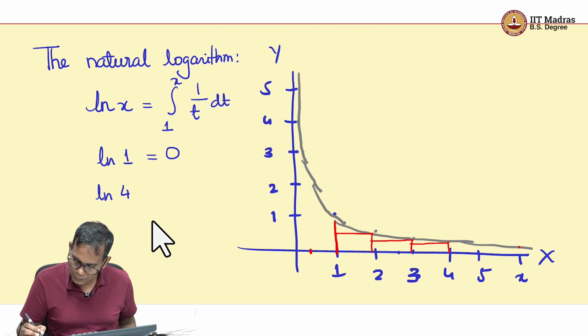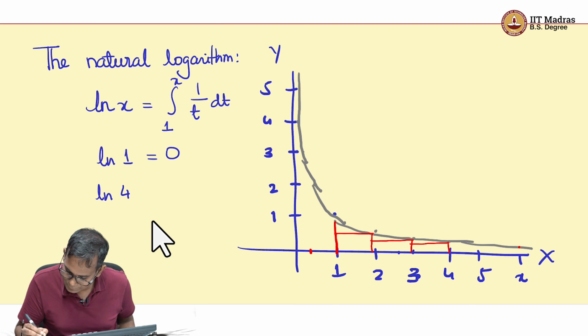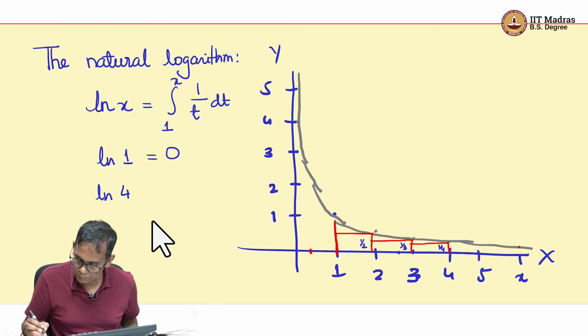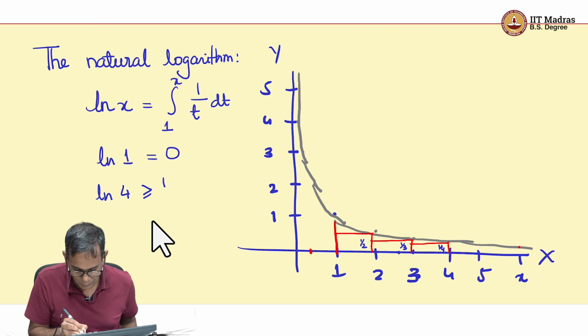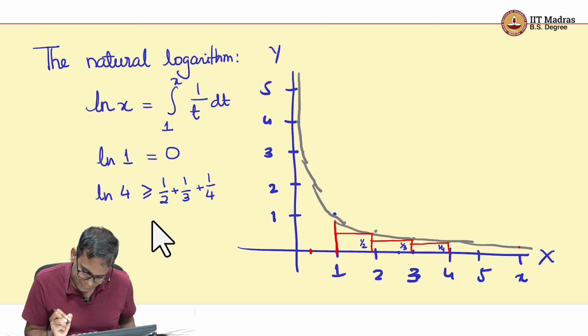The height of this first rectangle is the value on the right, so this height here is half, this height here is 1/3, this height here is 1/4. If we compute the sum of the areas of these rectangles, we get log of 4 is greater than or equal to half plus 1/3 plus 1/4, and this is certainly greater than 1.